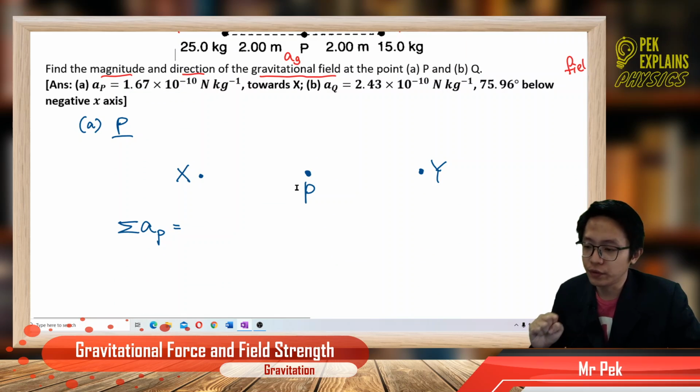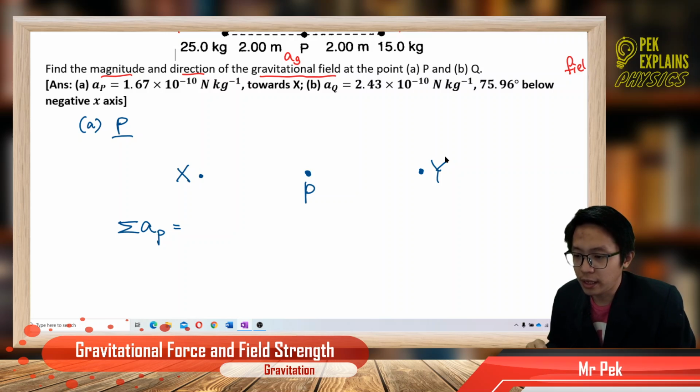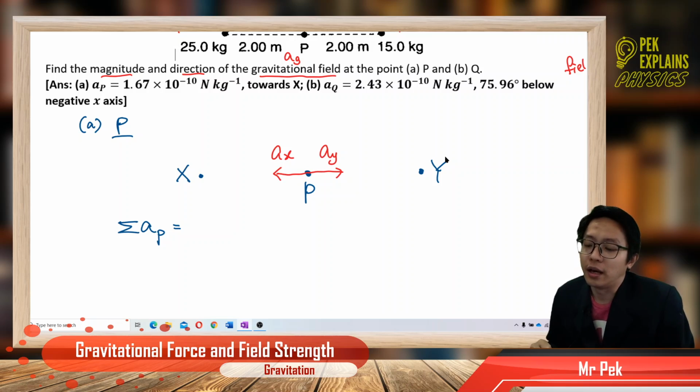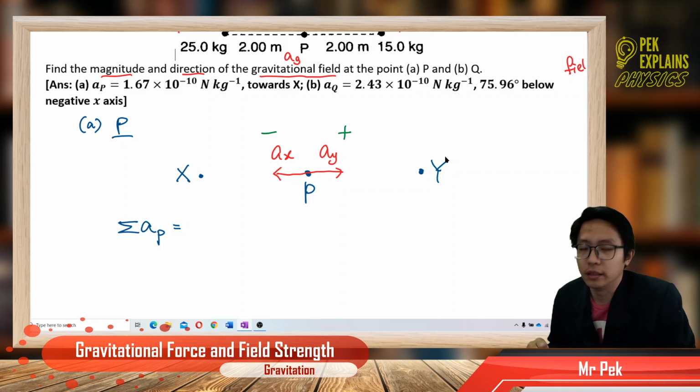Let us first draw the gravitational field for point P, given by X and Y. AX, the gravitational field, is attractive, so it attracts towards X, this is AX. And Y also attracts towards Y, AY. Then we must put in the sign: to the right positive, to the left negative.